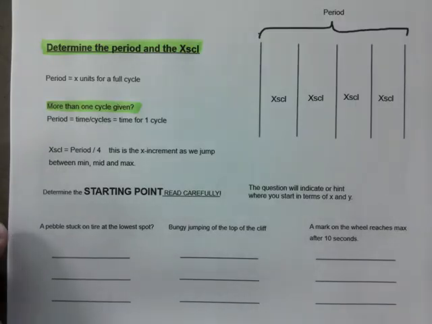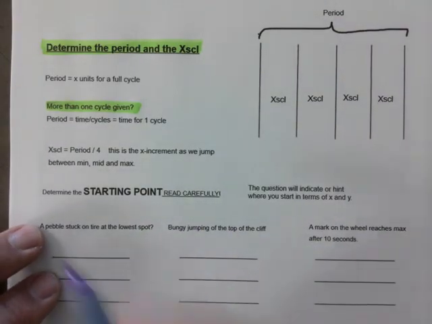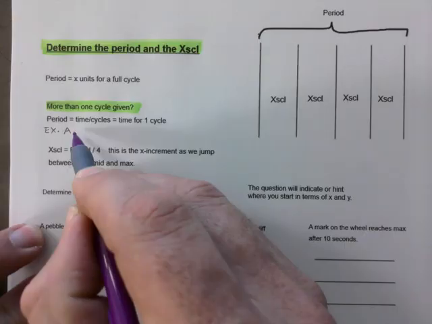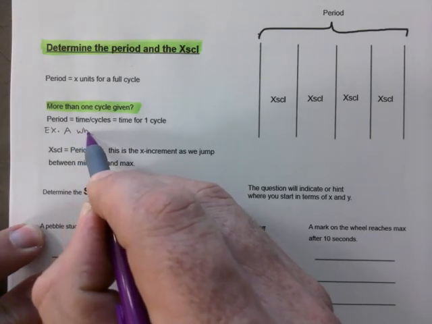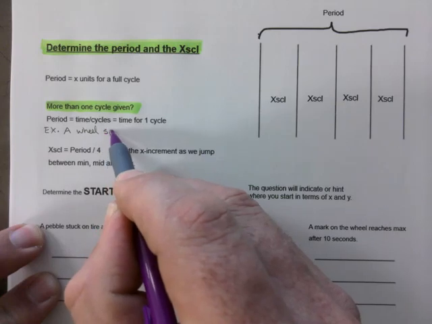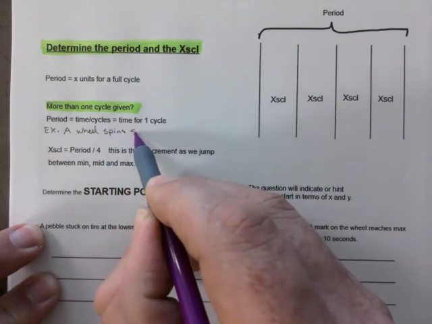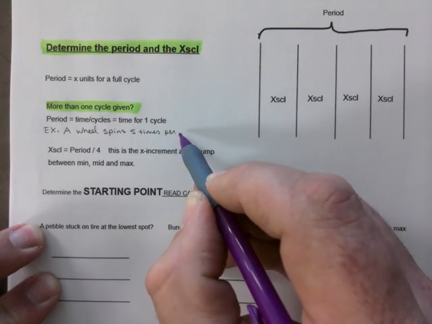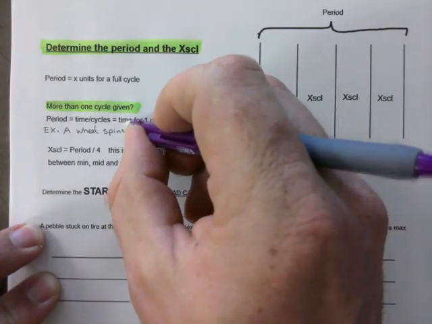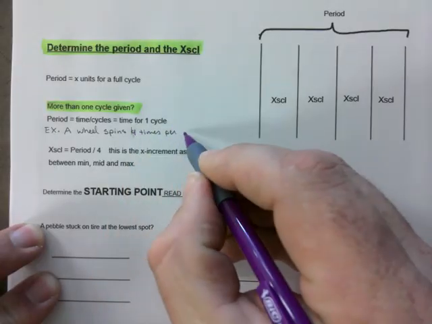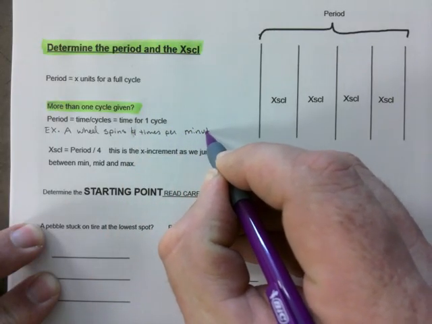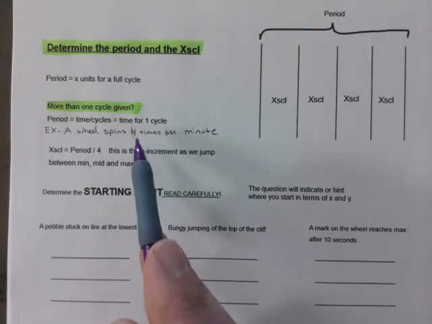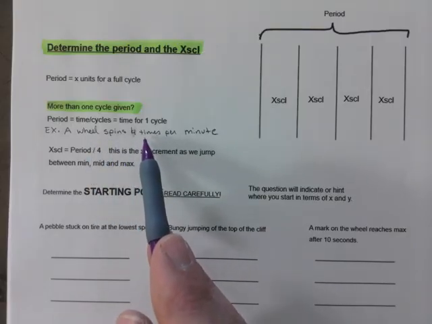I will give you an example so you can wrap your head around this. Let's do 4 times per minute. A wheel spins 4 times per minute. Four times. So that's 4 cycles, correct?